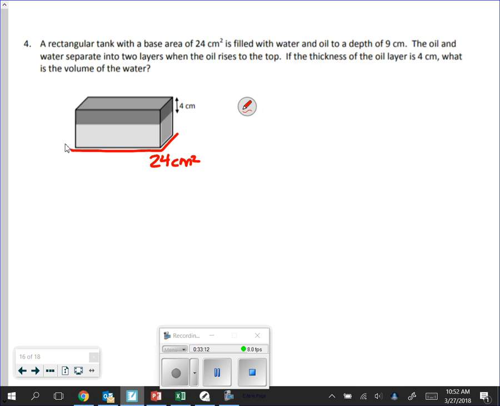The oil and the water separate into 2 layers. If the thickness of the oil layer is 9 centimeters, what is the volume of the water?